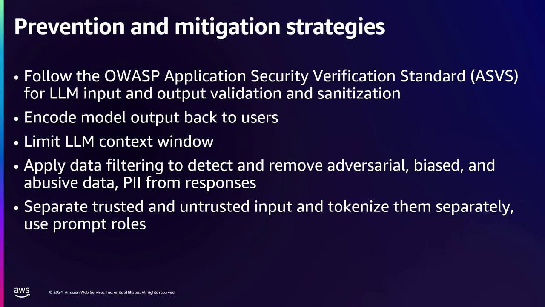You want to apply filters and detect and remove adversarial bias, just like we talked about. There are different kinds of filters you can apply. You can apply classifiers on the prompt to classify it into one of the topics. Another thing you can do is separate trusted and untrusted inputs.